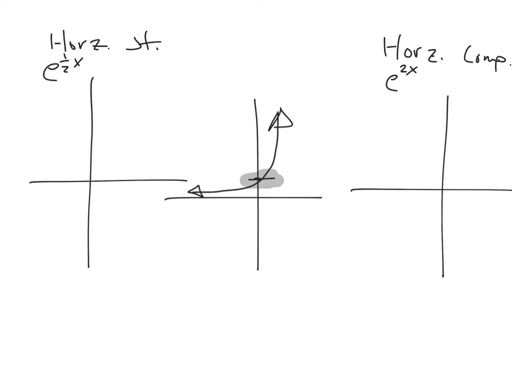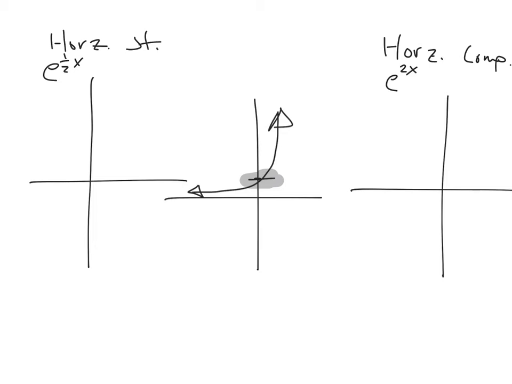The reciprocal of 1/2 is 2. The reciprocal of 2 is 1/2. And if you look back at what we just talked about for vertical stretches and compressions, if you mirrored that over, you would notice that the reciprocal of 1/2, which is 2, would have been a stretch, right? Because that's a number greater than 1. And the reciprocal of 2 is 1/2, a number between 0 and 1, and so that would be the compression.